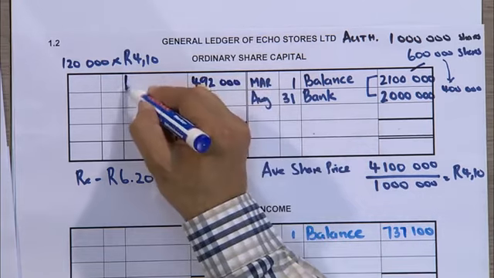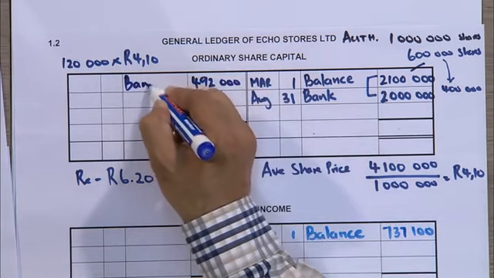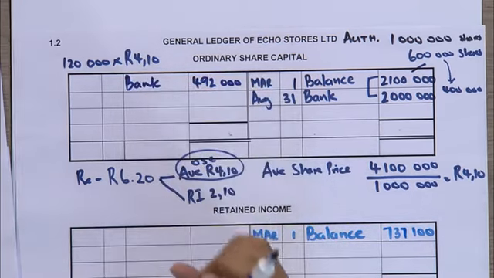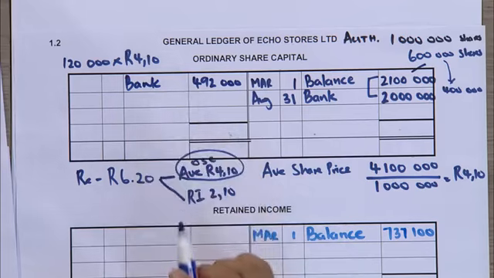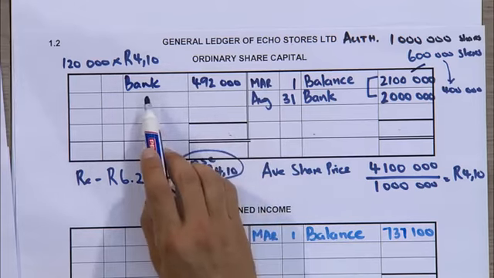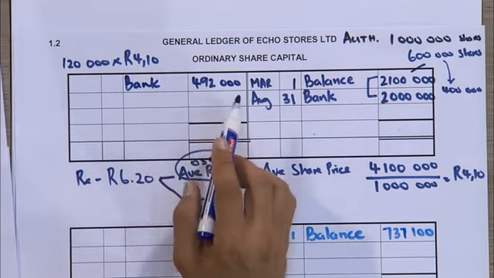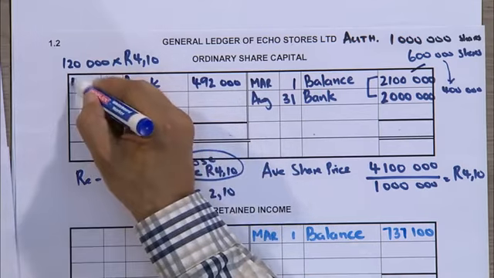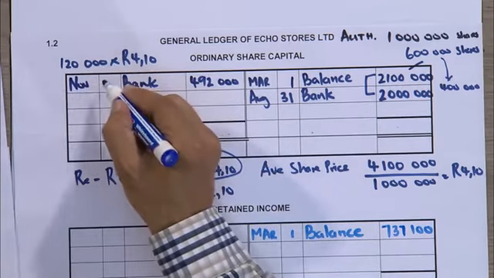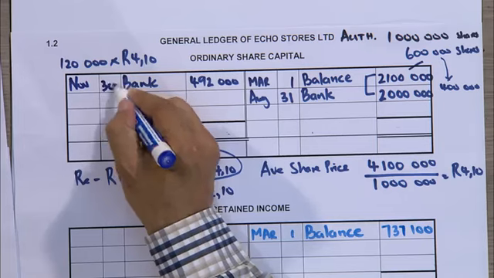Okay, and it's again bank, because the company is spending money to buy back those shares. Okay, so your capital will decrease with 492,000, and this is happening on November the 30th.